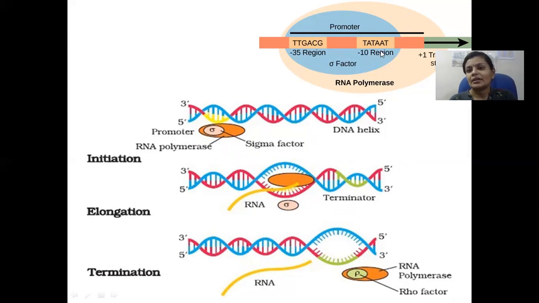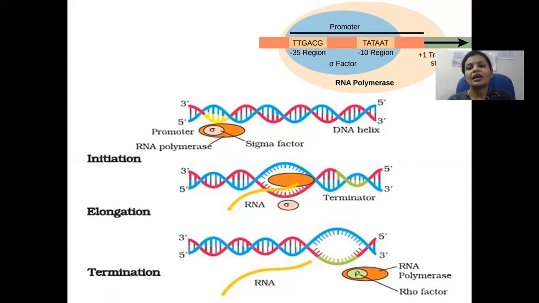One is called the Pribnow box, this region, which is closer to the start site. Then you have another sequence in the -35 region. And these regions are recognized by something called the sigma factor, which is a subunit of the RNA polymerase enzyme, which is found in bacteria and other prokaryotes.